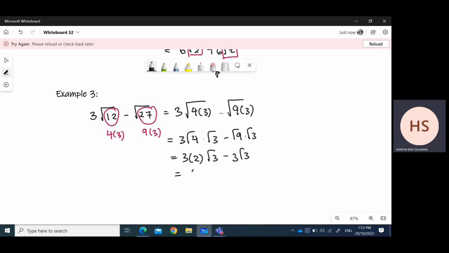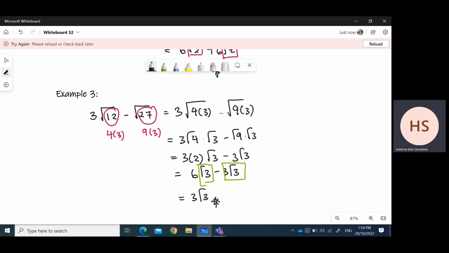Okay, so now we have 6 square root of 3 minus 3 square root of 3. Since we have the same radical, which is square root of 3, we can solve for the coefficient, 6 minus 3 is 3. So therefore, the answer here is 3 square root of 3.